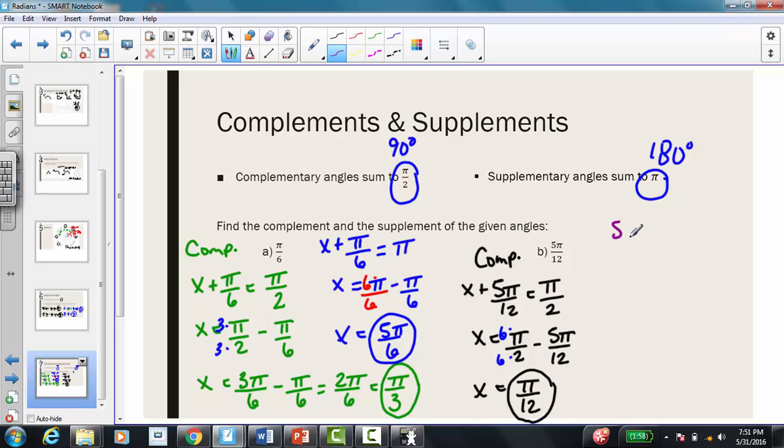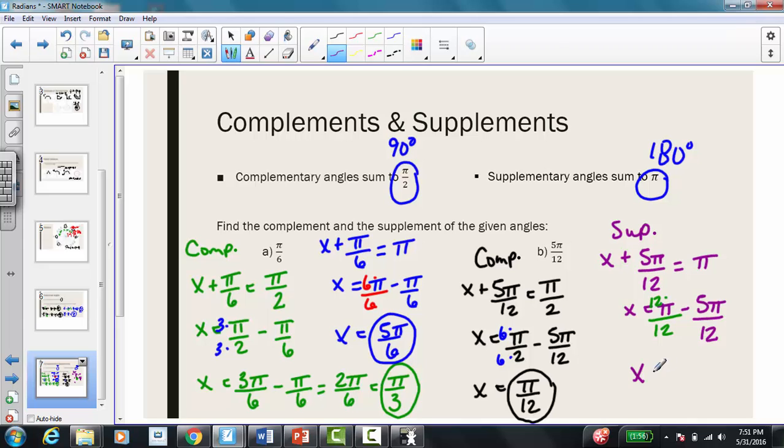Next, we're going to find the supplementary angle. So we have x plus 5 pi over 12 needs to equal pi. Solving for x, I get pi minus 5 pi over 12. Again, getting that common denominator, I'm going to multiply both numerator and denominator by 12.